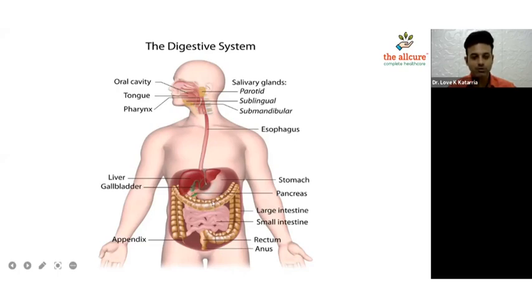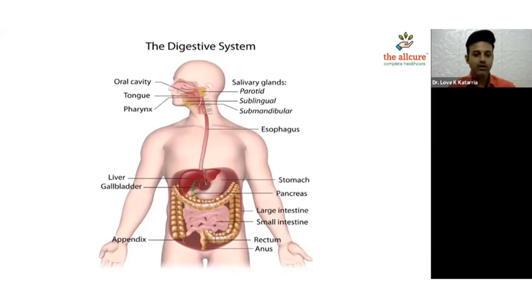There is absorption of essential nutrients. Carbohydrates are broken down further and refined into a simplified product, that is glucose.